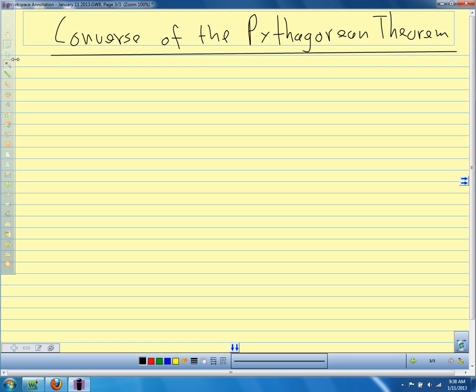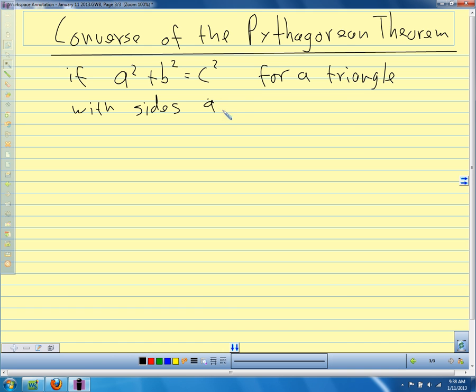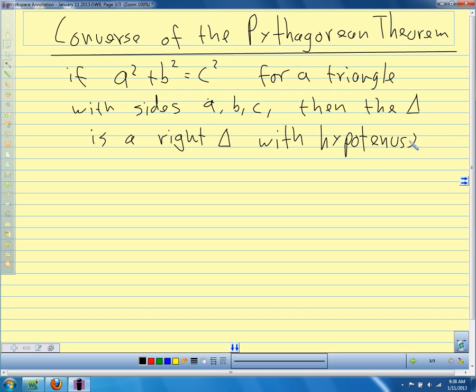So for the converse, we're going to say if a squared plus b squared equals c squared for a triangle with sides A, B, and C, then the triangle, I'll use a little shorthand here, the triangle is a right triangle with hypotenuse C. So the Pythagorean theorem works either way.